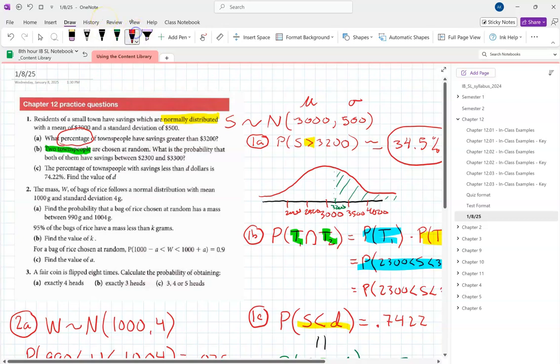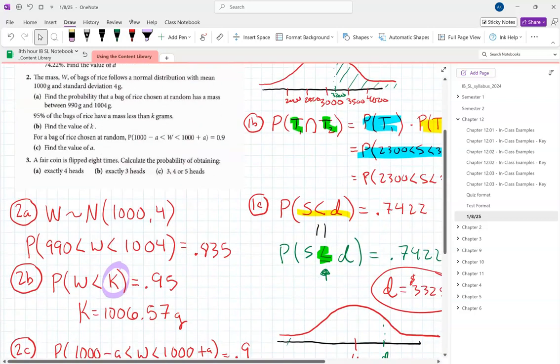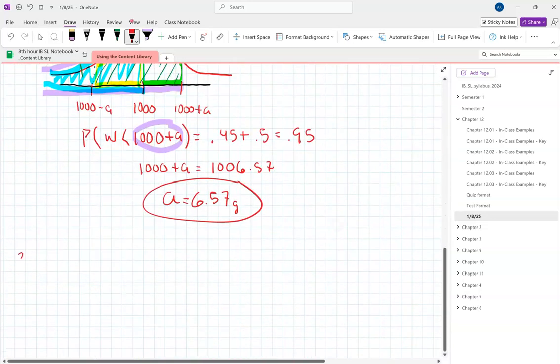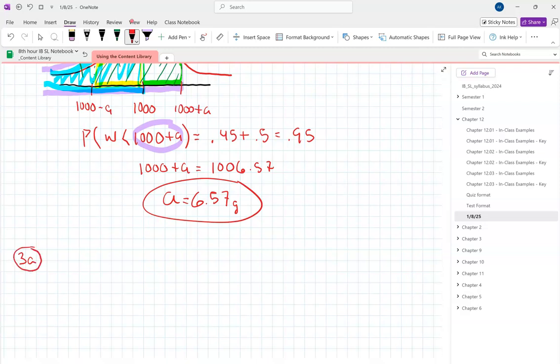Number 3 says a fair coin is flipped 8 times. Calculate the probability of obtaining exactly 4 heads. So the first thing that I recognize is, what kind of distribution do I have here? We're flipping a fair coin.